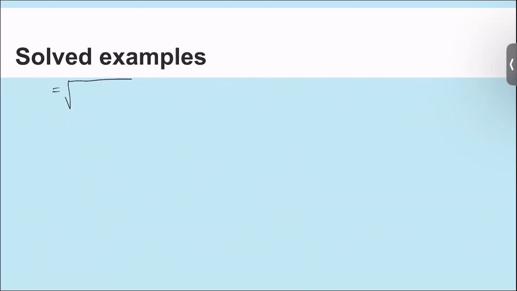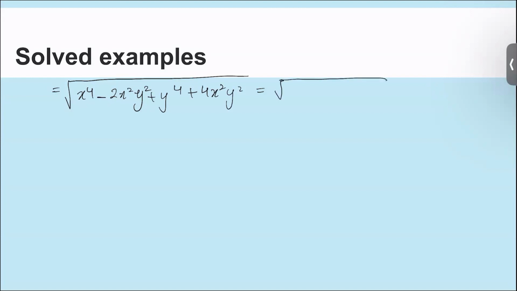What you remain with is x raised to 4 minus 2x squared y squared plus y raised to 4, and you have plus 4x squared y squared. So this will be equal to x raised to 4 plus y to the 4 plus 2x squared y squared.